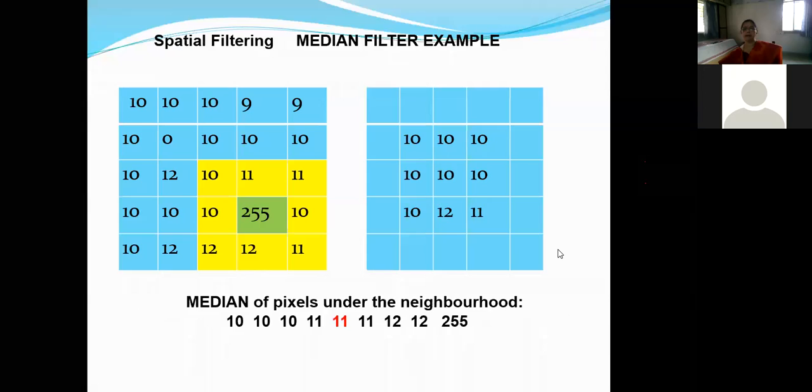And if we compare it with the result by the median filter, this value is reduced to 11. So median filter is more effective in removing high intensity spikes and low intensity spikes than your standard averaging filter.